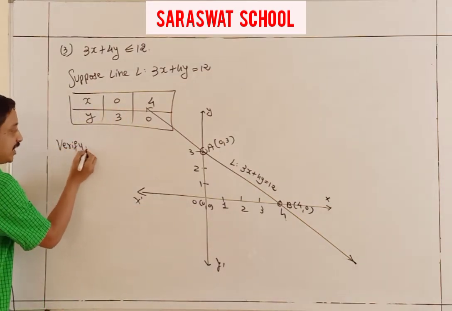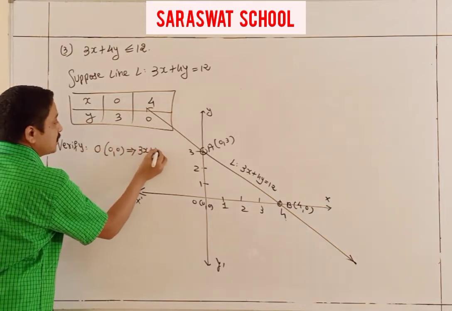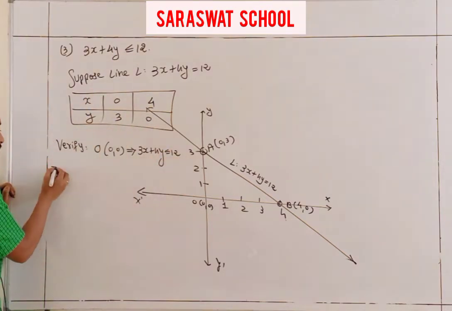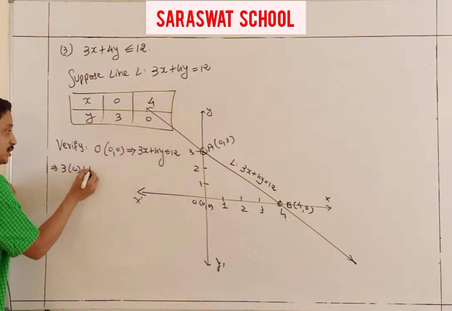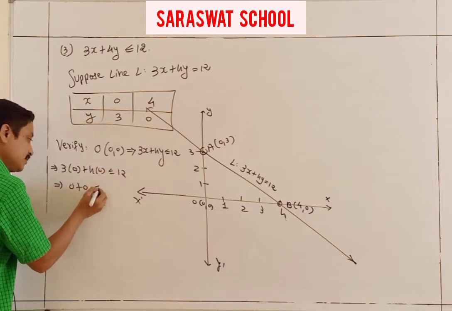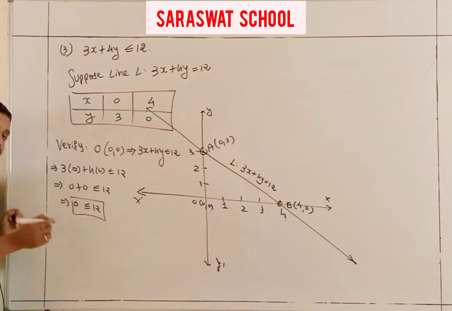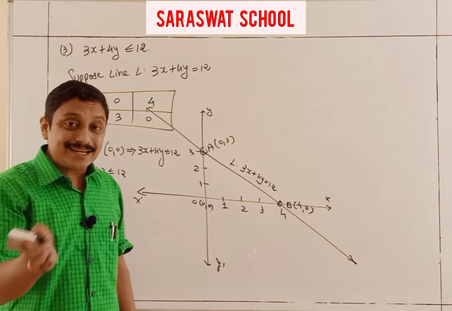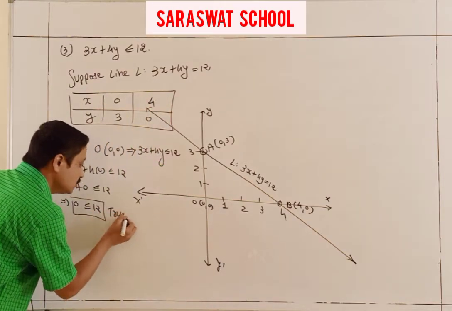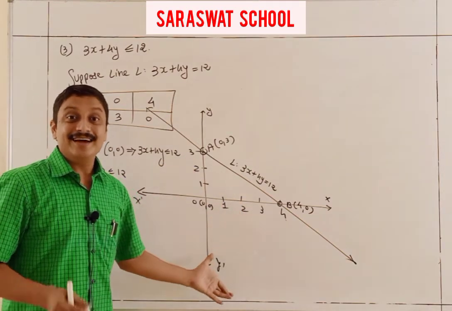In the inequality 3x plus 4y less than or equal to 12, apply on it: 3 times 0 plus 4 times 0 less than 12. And check, it is true. 0 is less than 12. Yes, it is not equal but less than, true. It means this case is true, so the true side shading is this side. That's my answer.